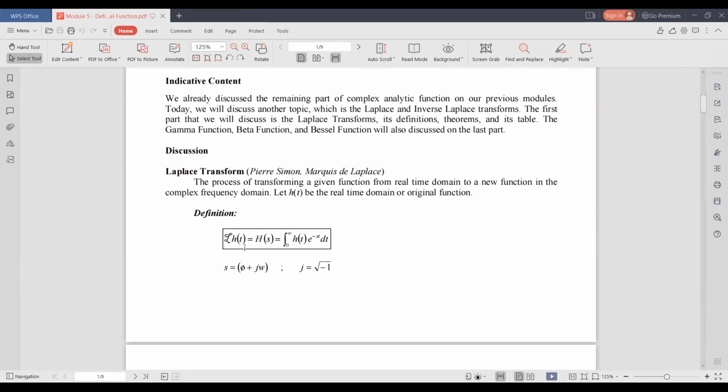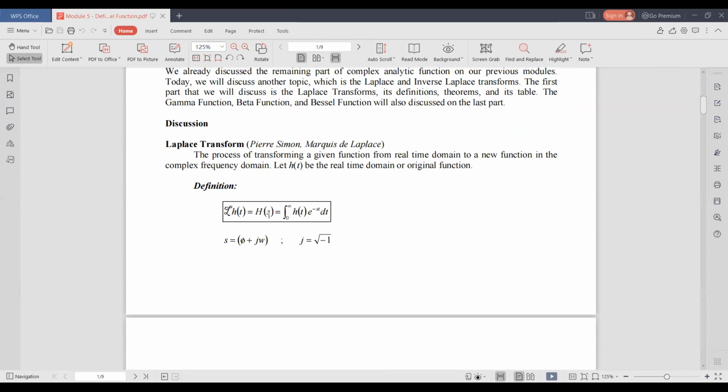Here we let h(t), your time domain, be the real-time domain or the original function. So ito yung original function mo. Ito yung Laplace na symbol, nakalambid na L. Laplace transform of a function of t, which is your real-time domain, is just equal to the function of s, or this is now your function in the complex frequency domain.